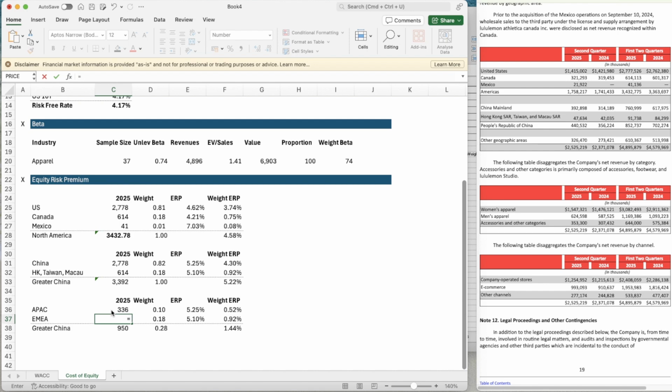And EMEA, again, 610 multiplied by 0.45, and the weight is going to equal... I need to lock it in. Yeah, that looks good.